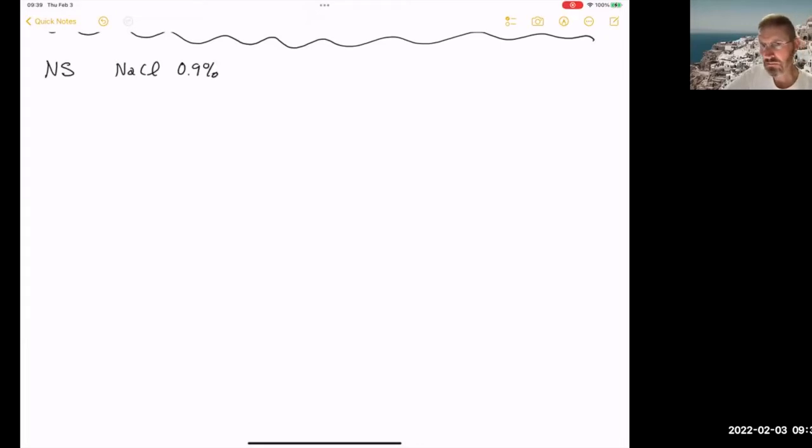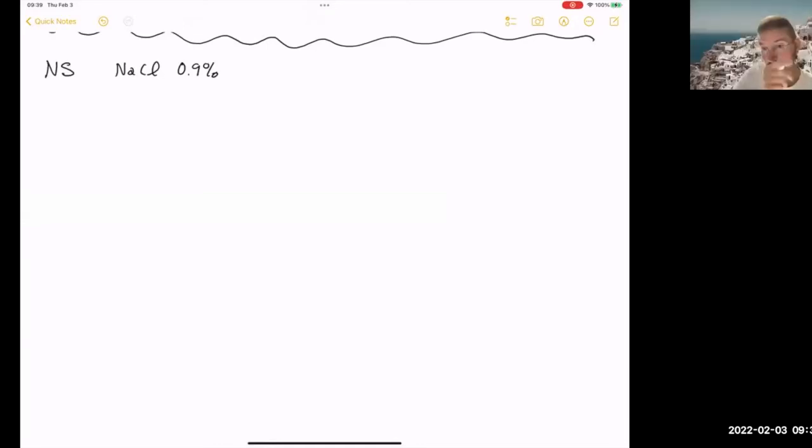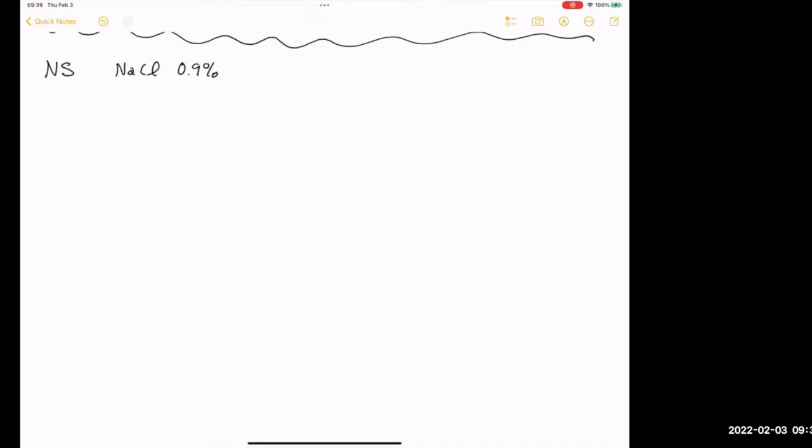What does that really mean? I mean, it's 0.9% of sodium chloride in 100. So sodium chloride is 0.9% out of the total 100. The rest is liquid. So water. You're moving in the right direction. Yeah. So that's the concentration.